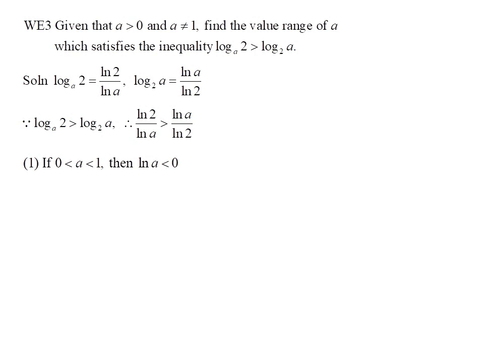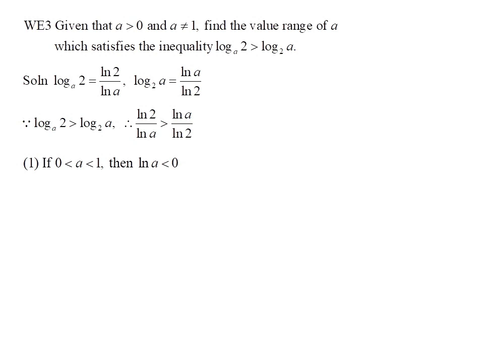First, when a is between 0 and 1, then natural logarithm of a is less than 0. So we have two simultaneous inequalities to satisfy here. The first one is natural logarithm squared of a is greater than natural logarithm squared of 2.